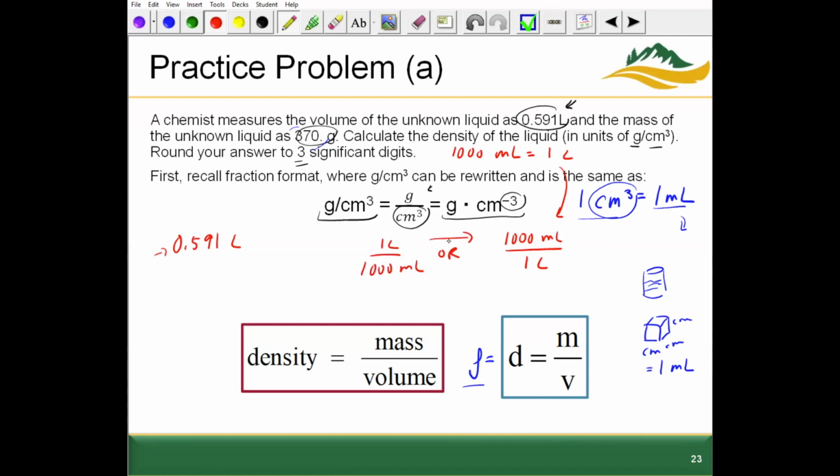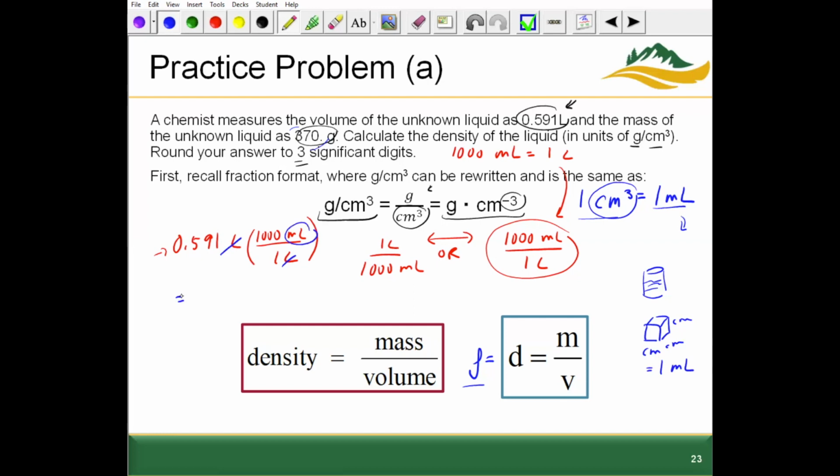These are the same thing, and depending on what unit we started with, we can reorient this as we need to. So here we want to cancel out liters, meaning we'd want to orient the conversion factor like this. So we could say 1,000 milliliters over 1 liter, meaning we could cancel out liters and just leave milliliters, which is exactly what we want to do.